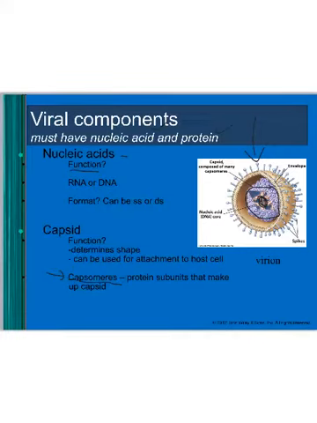They link together like little building blocks that make up the capsid. The capsid determines the shape of the virus, and it can be used for attachment to a host cell. A virus particle that's assembled is called a virion.